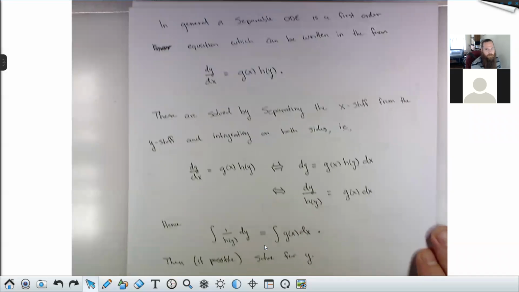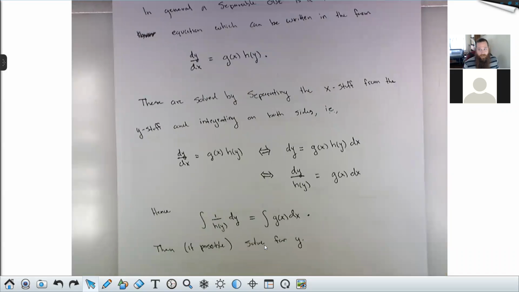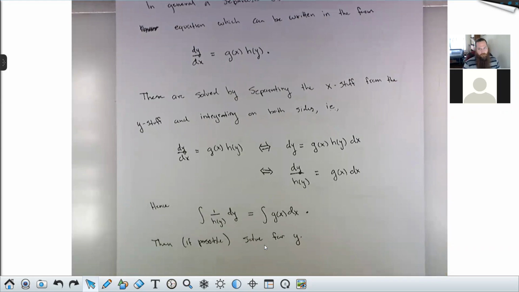You remember from Calc 1 the difference between an implicit and explicit expression. If you're unable to solve for y, right, you have some expression on the left-hand side where you can't solve the equation for y, then you would say what you're looking at is an implicit solution to the original ODE. If you're able to solve, then you'd call that an explicit solution.